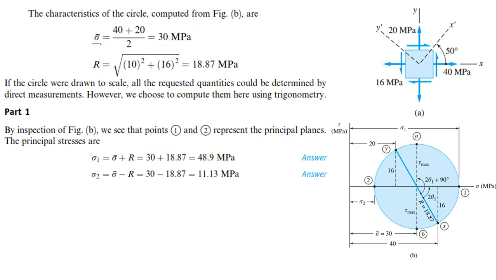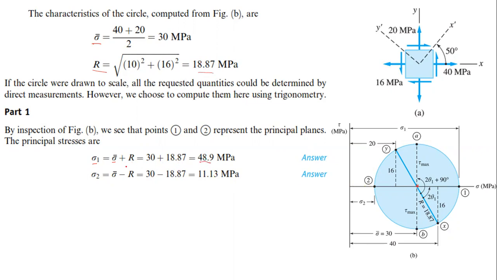So, una ang atong sigma average, atong R. Then, to solve for sigma 1, the maximum principal stress is equal to sigma bar, which is gikan sa center, atong sigma bar, from the 0, ang value niya is 30, plus itong R. So, atong R is already solved, which is 18.87.